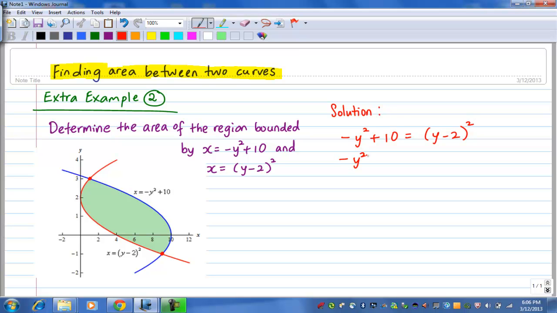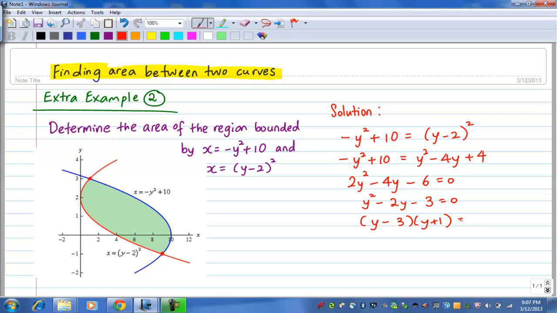Right, solving, you will have this. Y being negative 1 or 3. In other words, this is negative 1 and this is 3.